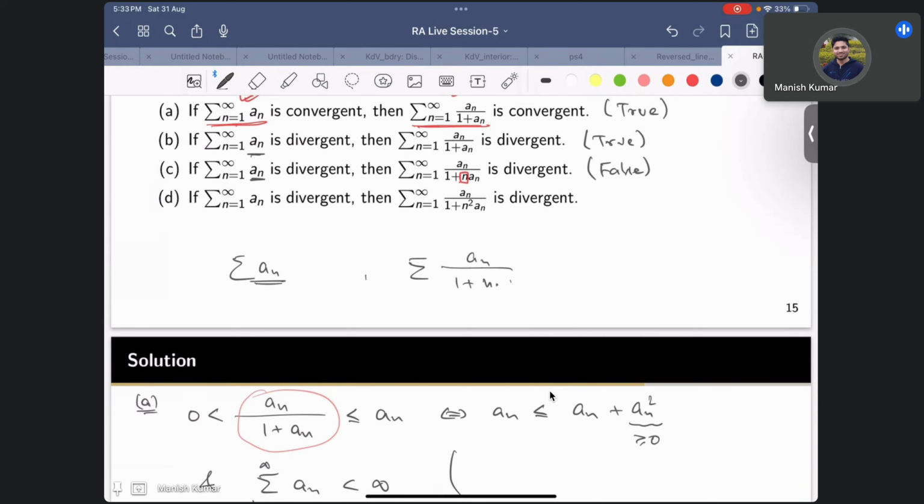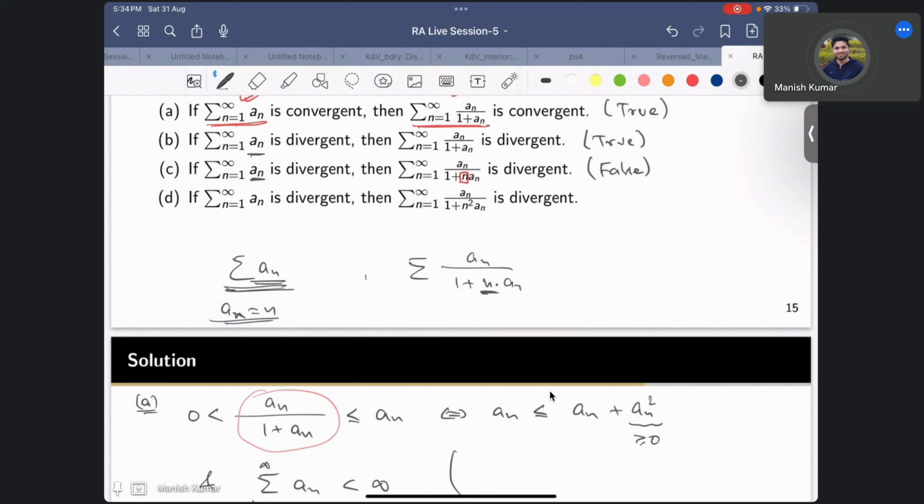This is the advantage you get. You know that summation 1 by n is divergent. Or just, if you take a_n equal to n, you know that this is divergent.